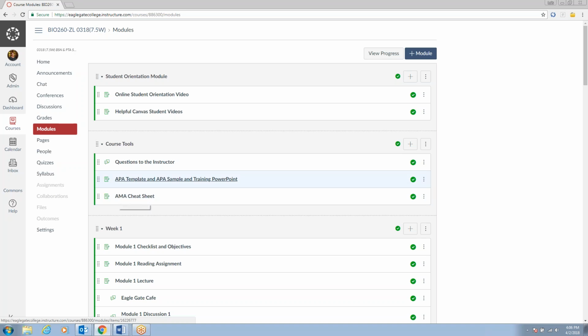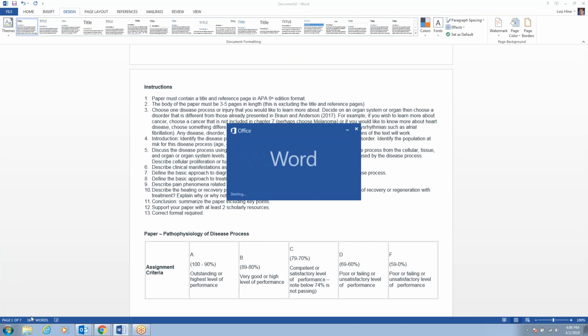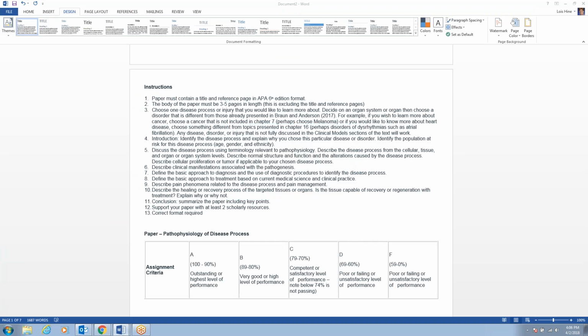If you're a nursing student, it's APA. So here's where we come for our samples. So if you're a nursing student, you would open up your APA template, which I'm sure you've probably used already before. So if this is redundant, I'm sorry. Go to your sample paper, and it's like a little cheat sheet for how to do this.